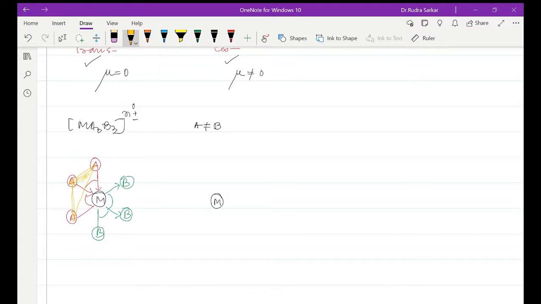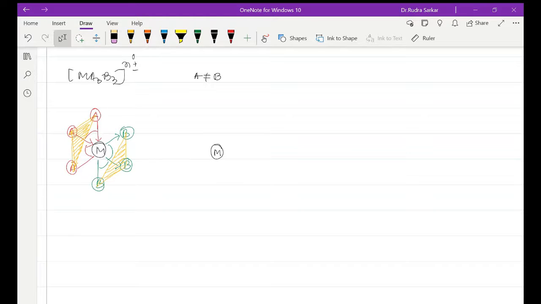They are lying in one face. Similarly, the B atoms are also lying in one face. Such an arrangement, when the three donor atoms are lying in one face, will be called facial, also known as the FAC isomer.